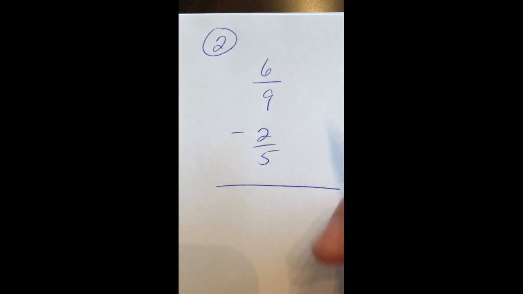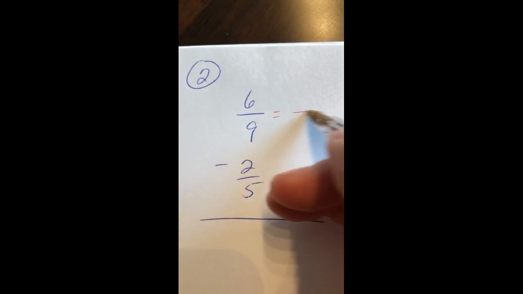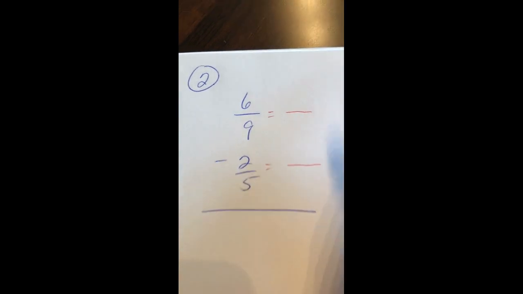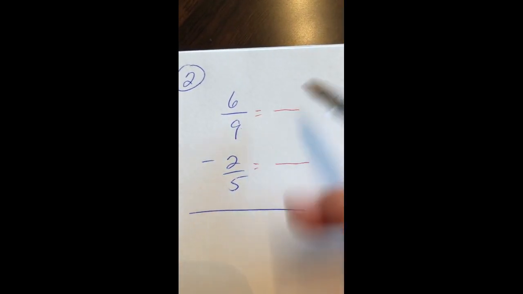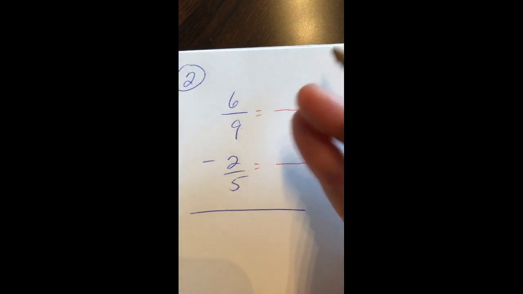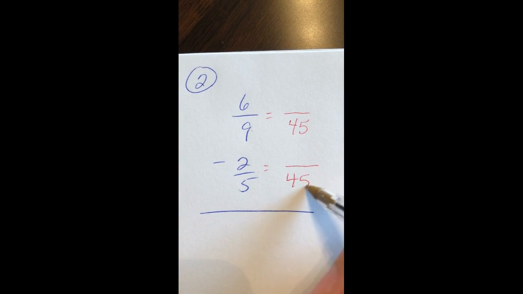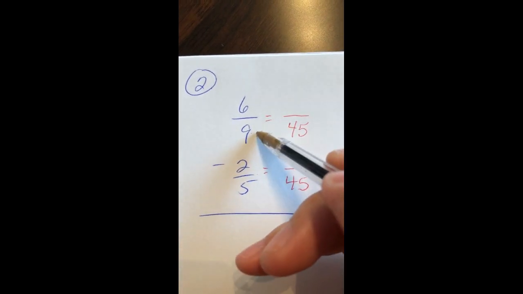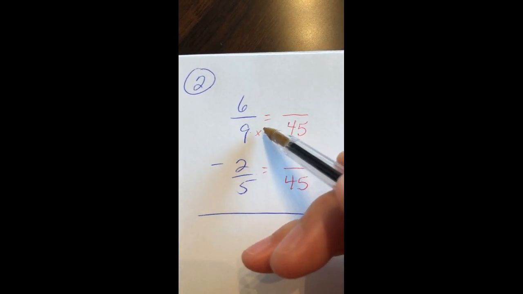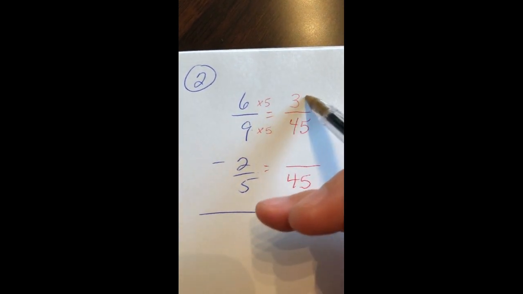Question number 2, we have 6/9 minus 2/5. Again, we need to find a common denominator, a number that 9 and 5 both go into evenly. I know that I can multiply 9 times 5 and get a denominator of 45. So let's multiply the top. 9 times 5 is 45. 6 times 5 is 30.